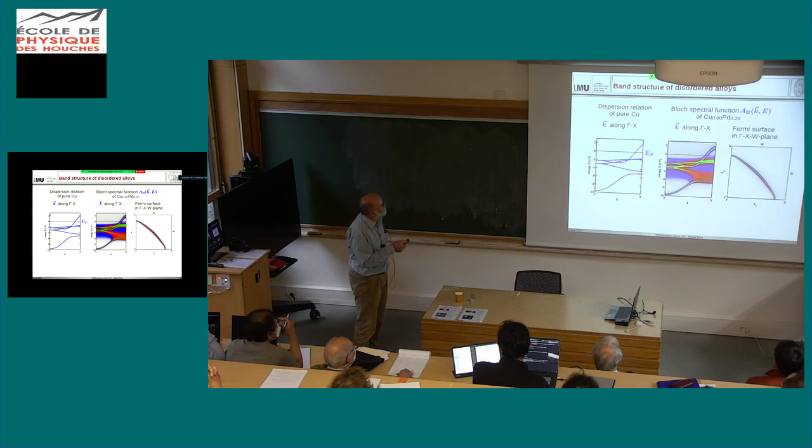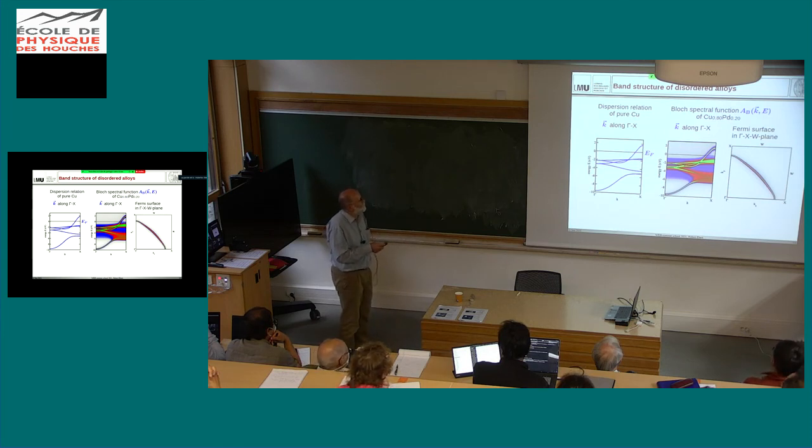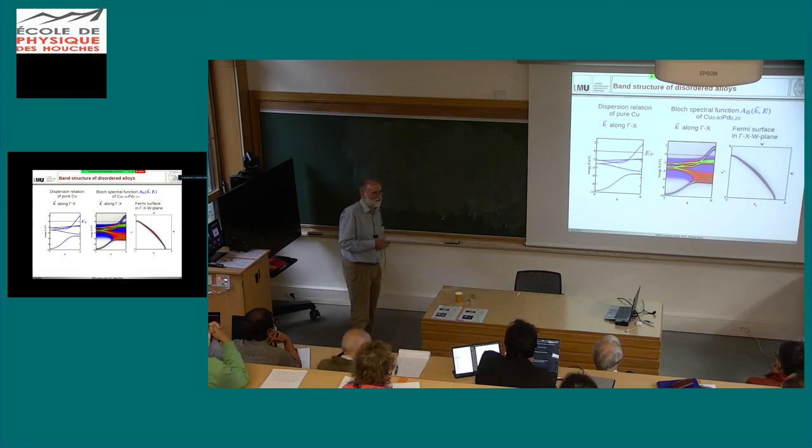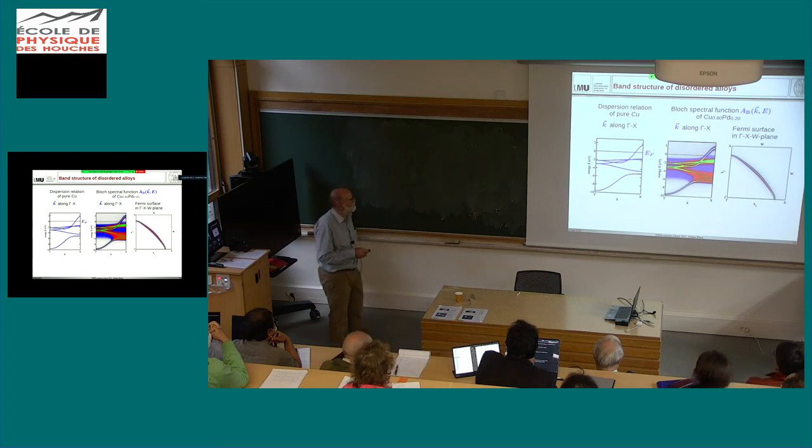This is pure copper, energy versus k. This is a band structure you have seen already several times. And now we look at copper 80, palladium 20, and this is a Bloch spectral function. So the amplitude is given by a color code. Strictly speaking, this would be an infinitely thin line. So this is a sequence of delta functions, but to make it visible, of course, I had to have a width for the pen.